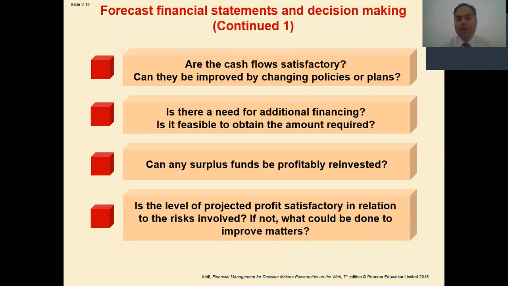Can they be improved by changing policies or plans? Is there a need for additional financing? Is it feasible to obtain the amount required? Can any surplus funds be profitably reinvested elsewhere? And is the level of projected profit satisfactory in relation to the risks involved? If not, what could be done to improve matters?